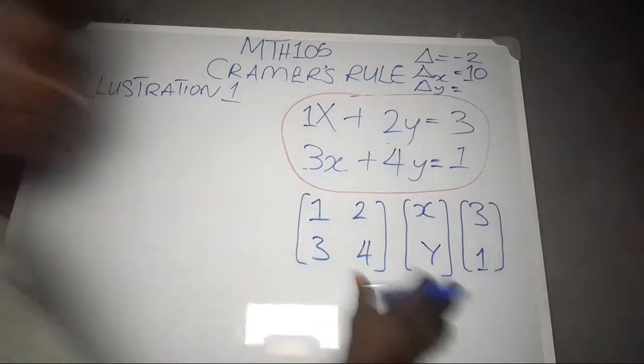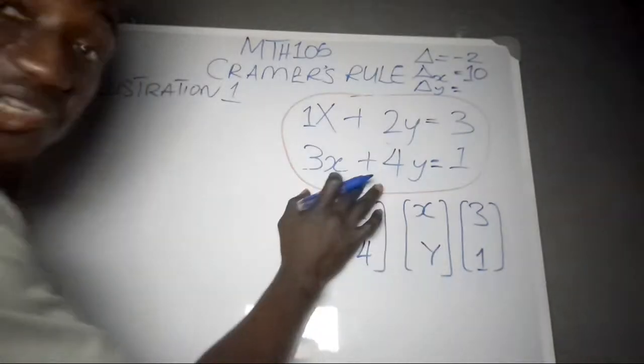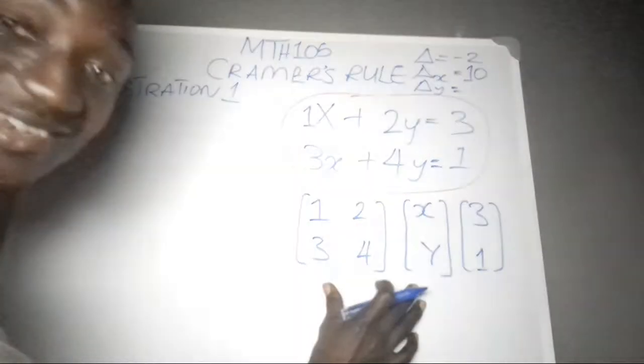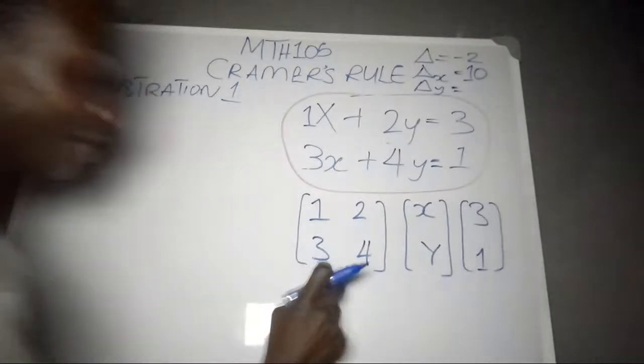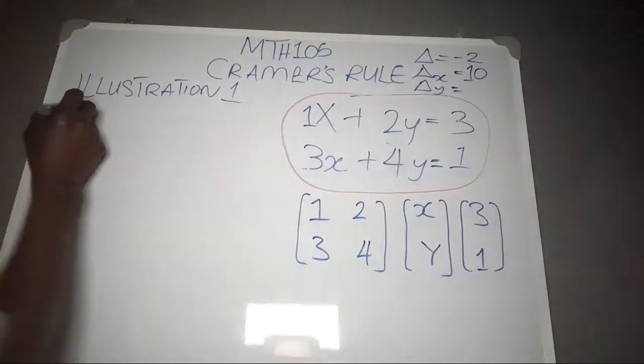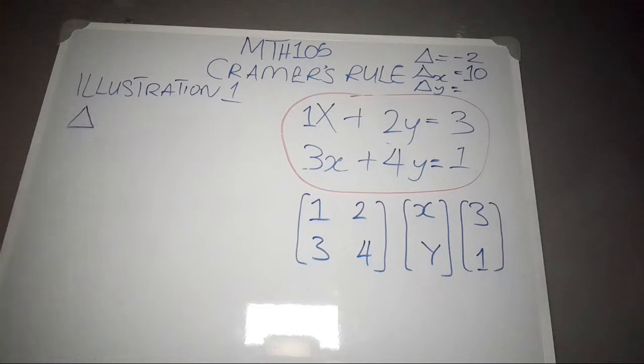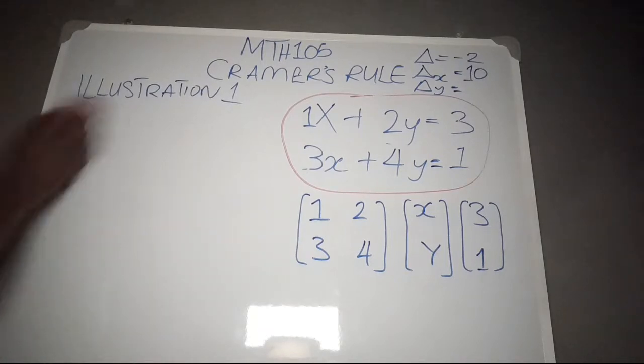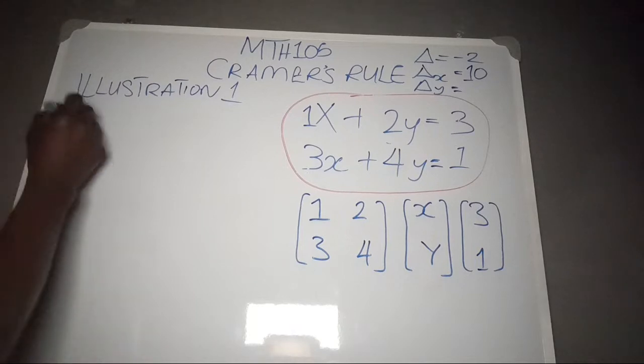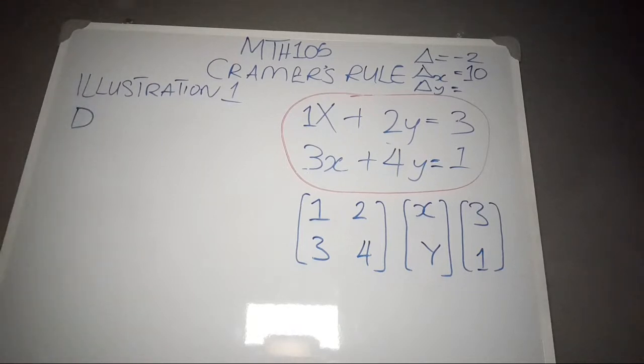So this is the first thing after we have been given this question. The next thing is to find the determinant of this matrix. This sign signifies that we are looking for the determinant. You can also use D for determinant. It doesn't really matter.